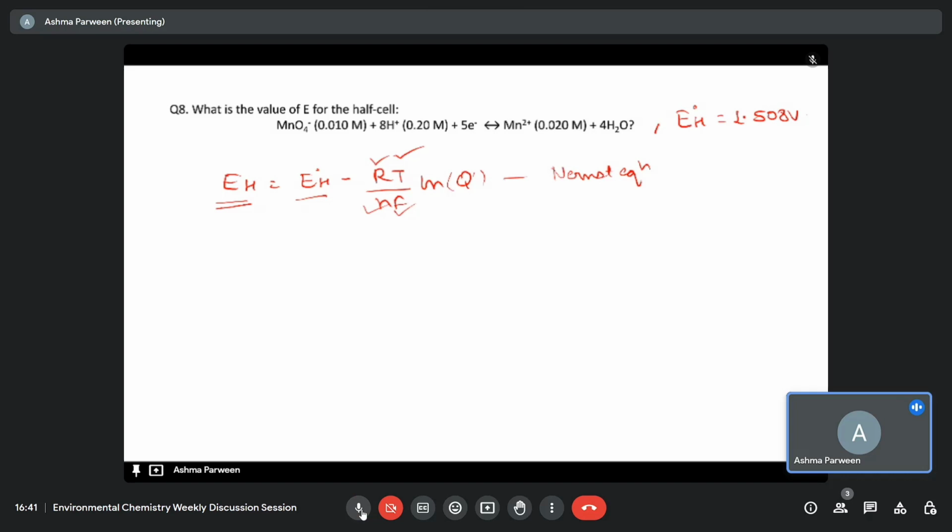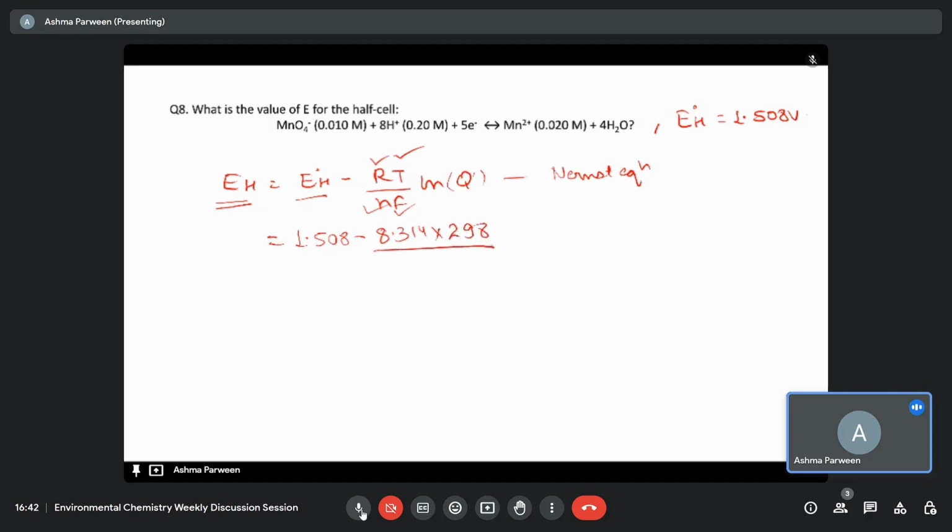Okay, let's see how to solve this question. So we have been given EH naught, that is 1.508, minus R, it will be 8.314. Temperature will take as 25 degrees centigrade as standard. So we will take temperature in kelvins, that is 298.